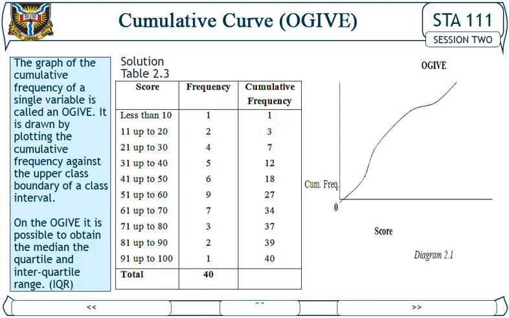Frequency: 1, 2, 4, 5, 6, 9, 7, 3, 2, 1. Cumulative frequency: 1, 3, 7, 12, 18, 27, 34, 37, 39, 40. Total frequency 40. The diagram shows the ogive.